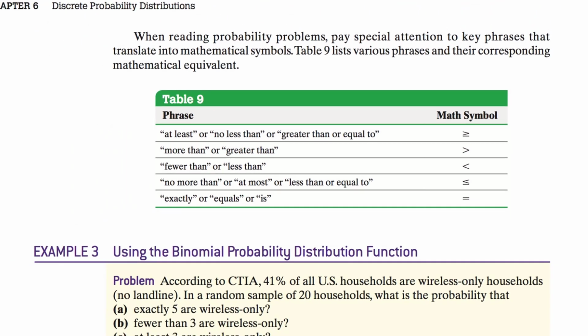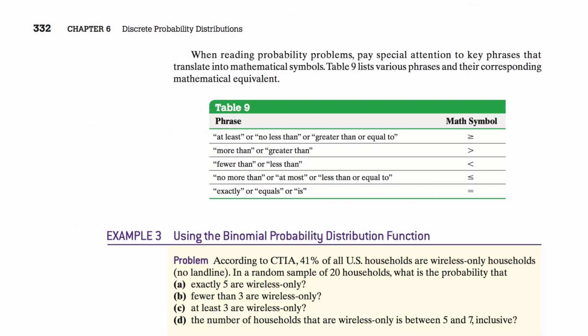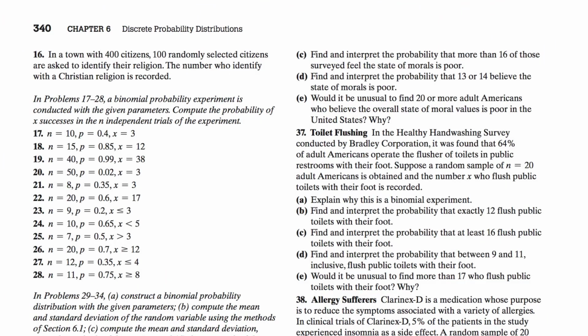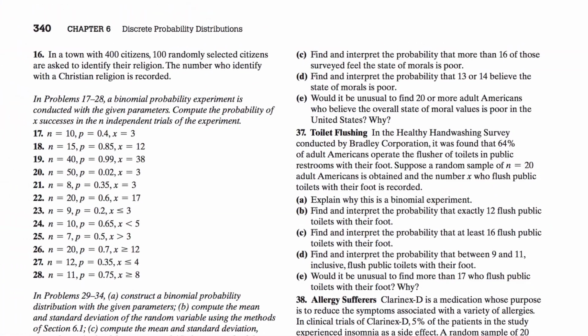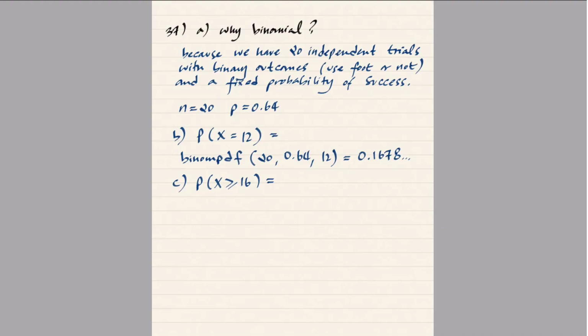And so if I was writing some kind of a probability expression, here's what I need. Again, part C says, find and interpret the probability that at least 16. So there's my probability notation. And again, that's a very important thing to have down, because when I see that someone has the correct expression, that communicates very clearly that they know what they're looking for.